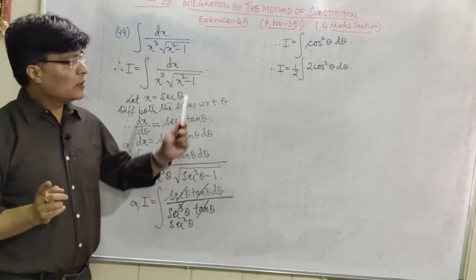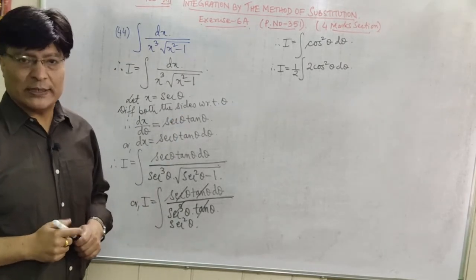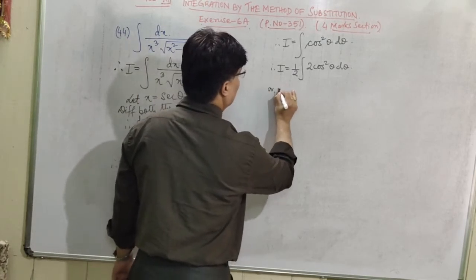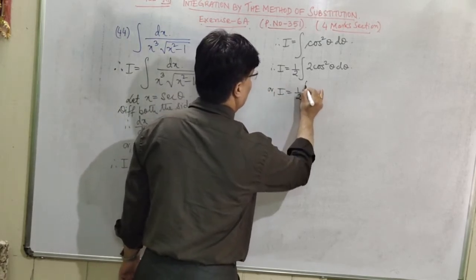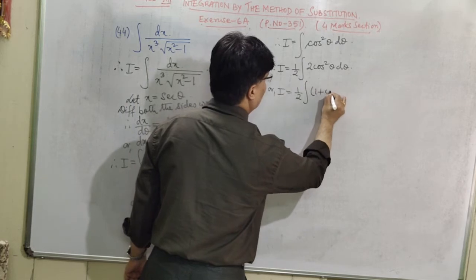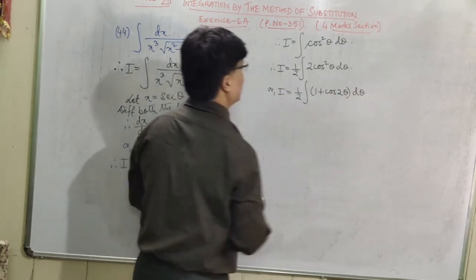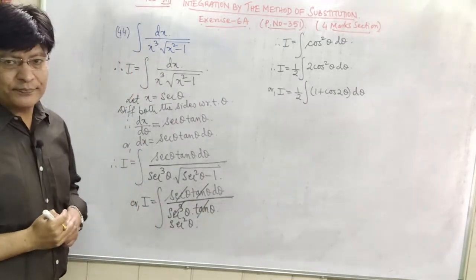Is that clear? Now what is the formula for 2 cos square theta? I is equal to half integration of, within bracket, 1 plus cos 2 theta, bracket close, d theta.